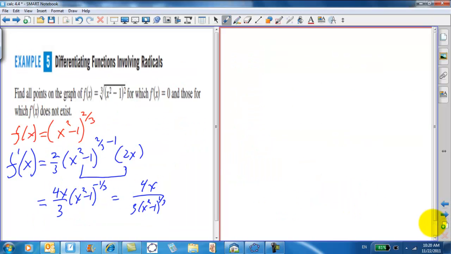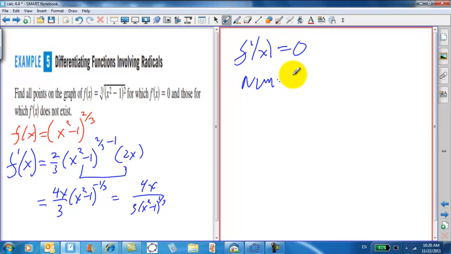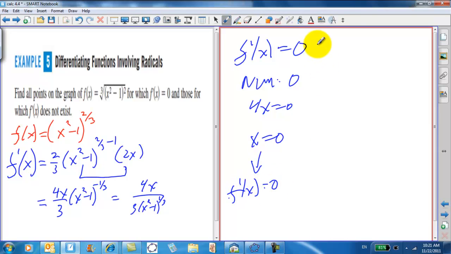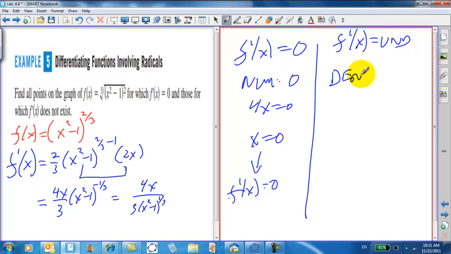So we might want to look at this and say, well, when is the derivative equal to 0? That'll be when the numerator equals 0, or 4x equals 0, so at x equals 0. So at x equals 0, f prime of x equals 0. Now, when is the derivative undefined? That's when the denominator equals 0 in a fractional expression like this.